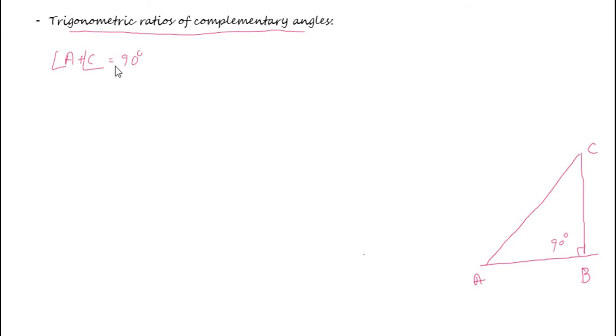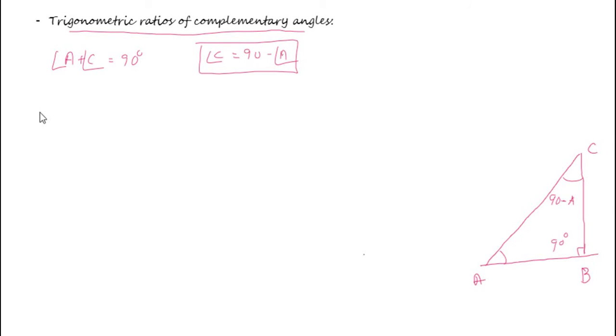Therefore angle A and C are complementary angles. I can also write angle C as 90 minus angle A. So if this angle is A, this angle I can also write as 90 minus A. Now 90 minus A is nothing but angle C.